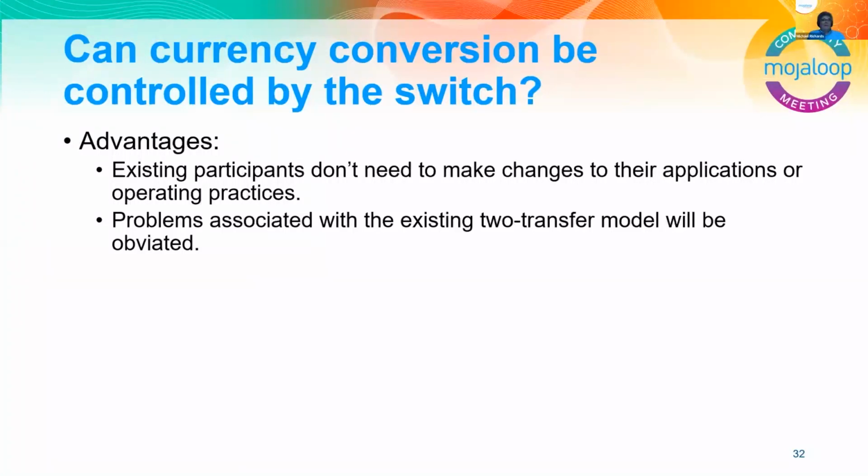And there are problems at the moment with the fact that there are circumstances in which one of those transfers can succeed while the other one fails, which is obviously a problem for recovery and hence for straight-through processing and hence for low-cost operation. So those are the advantages that people really wanted; effectively they wanted to solve the two-transfer problem while not requiring that the existing participants did anything different from what they do now.